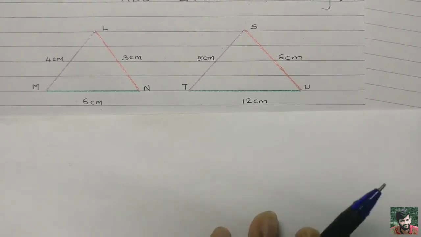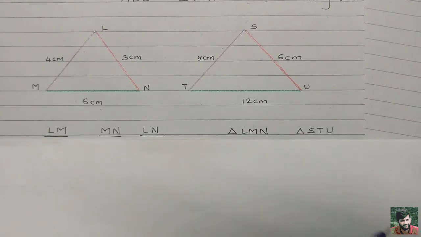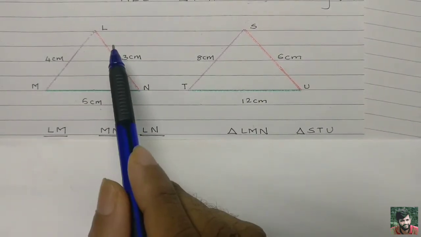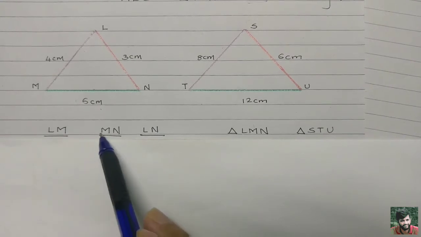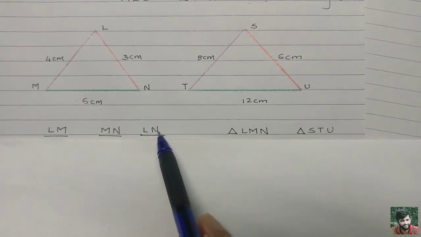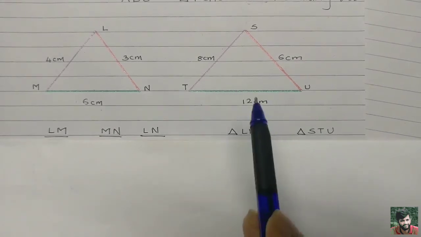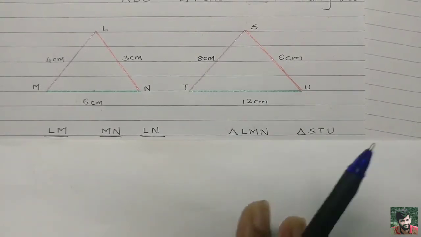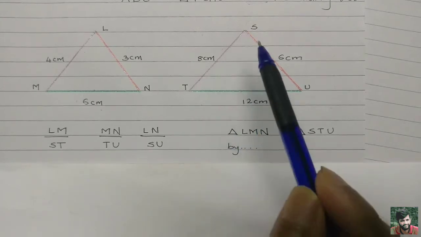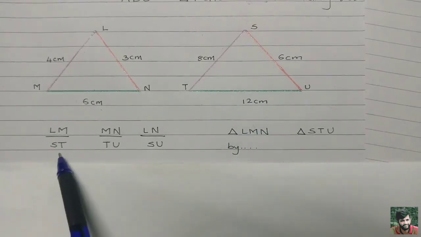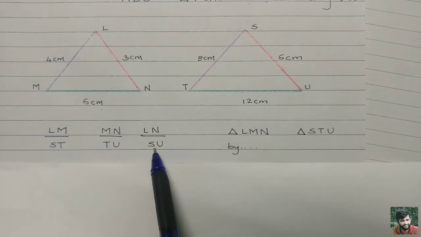Which means three sides of the triangle, right? So LM, MN and LN. And these are the three sides, so I have written them one below the other: ST, TU and SU.